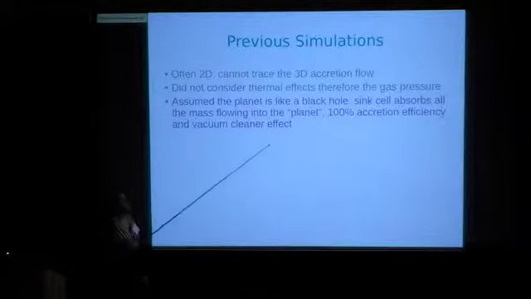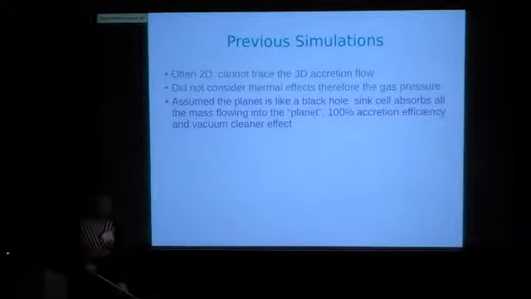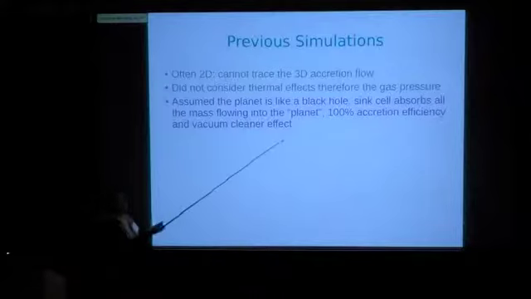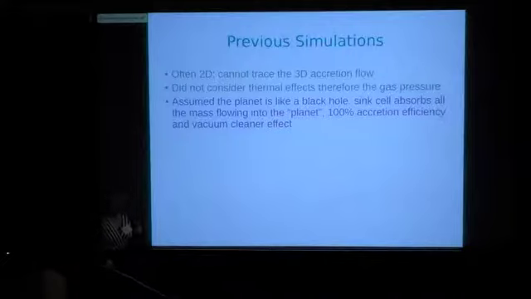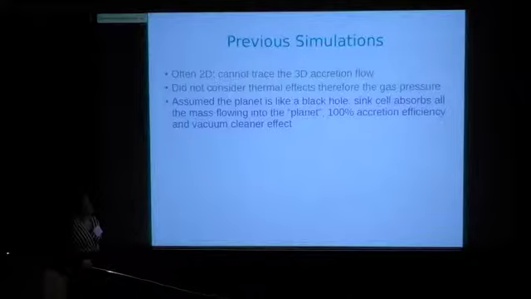Also, at that point, in the community, people used the same method as the black hole community. They set up a sink at the location of the planet, assuming that the accretion process is 100% efficient. And they would carve out the mass or density in the planet region every single time step. And of course, this way, the gas in the neighboring cells will flow onto the vacuum very efficiently.